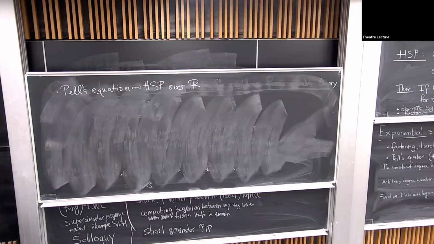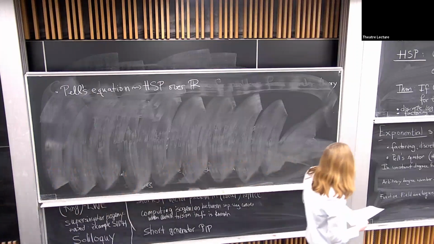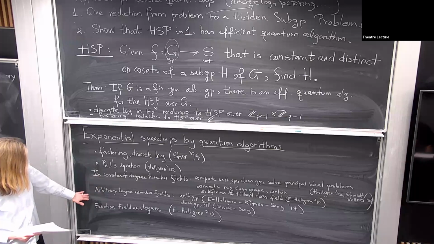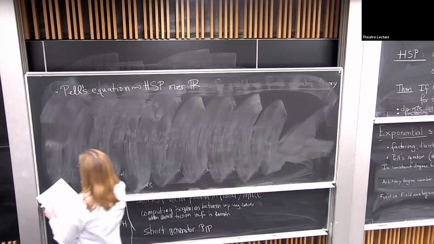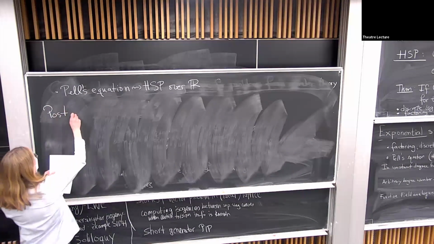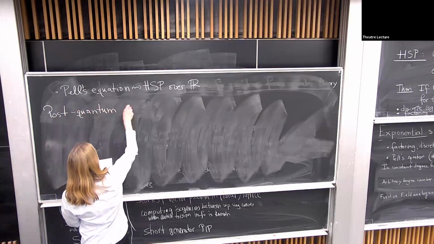Okay, so this is sort of the framework that was used for a lot of the problems that I'm listing here. So also for number fields and arbitrary degree number fields with some modification. And so I do want to talk about post-quantum cryptography now a little bit.